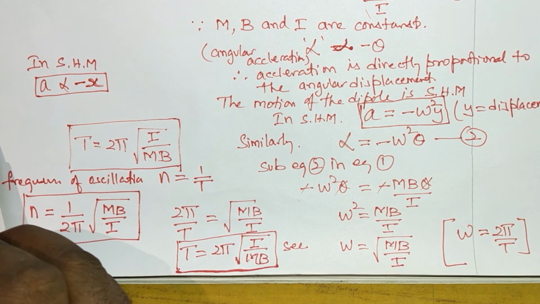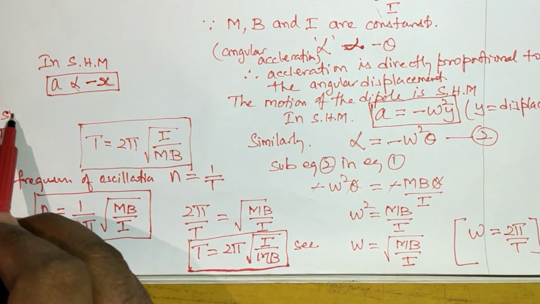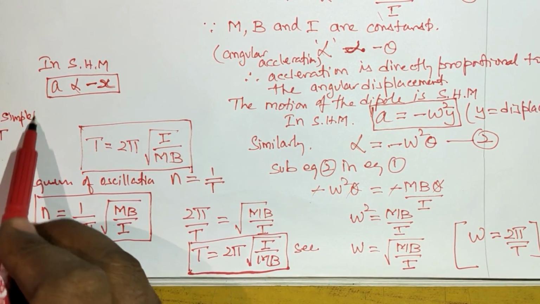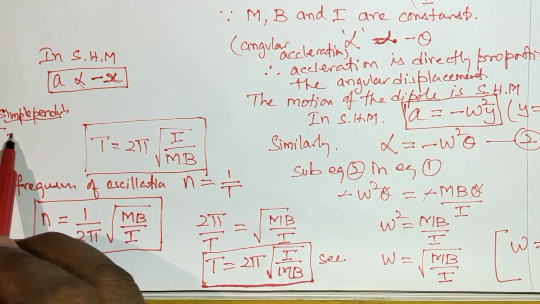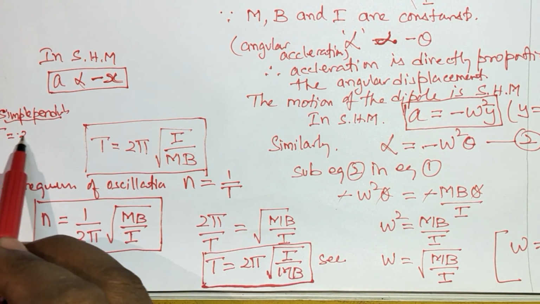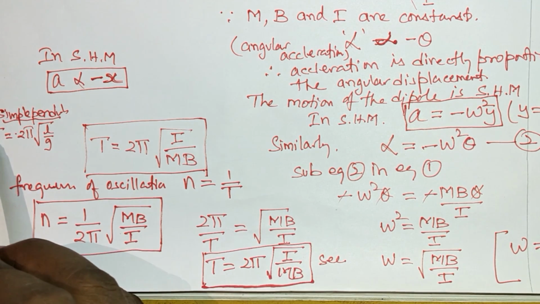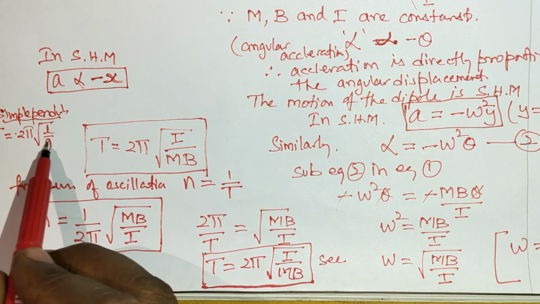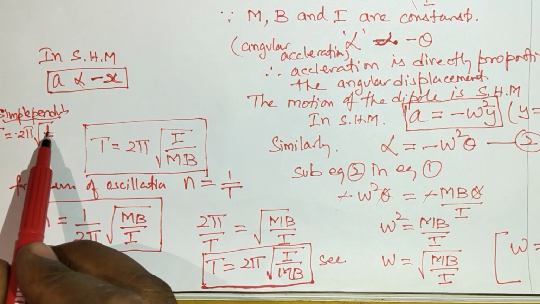See, the time period formula for a simple pendulum is T equal to 2 pi square root of L by g. So, gravitation is constant there. There is no change in the gravitation. So, time period is dependent on the length of the pendulum.